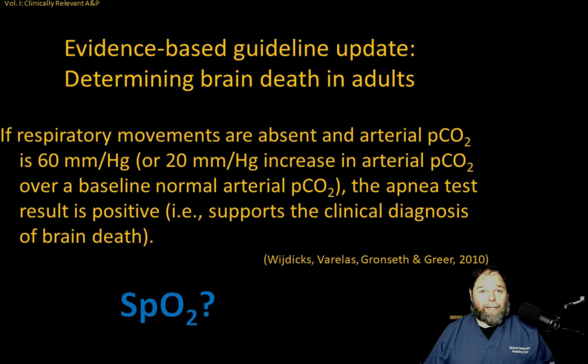What should happen during that time, if the patient hasn't breathed at all, which they're not going to, is that the CO2 should have gone up from whatever normal was. We'll say a normal of 40. It should have gone up by like 20, so we'll say to 60. By the time it goes up to 60, the brain should stimulate that patient to breathe. If it doesn't, then that is one of the clinical determinants of brain death.